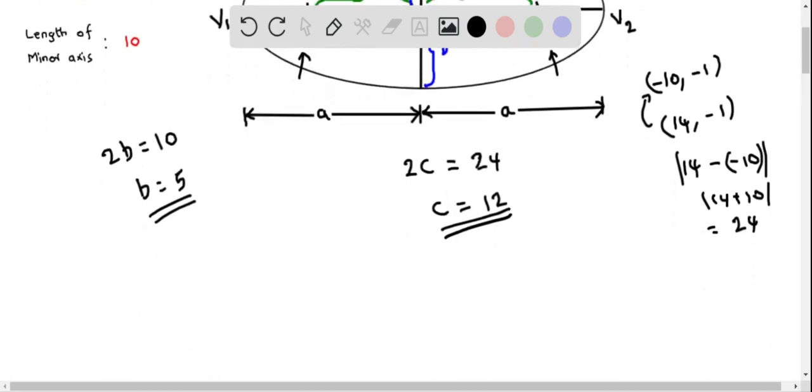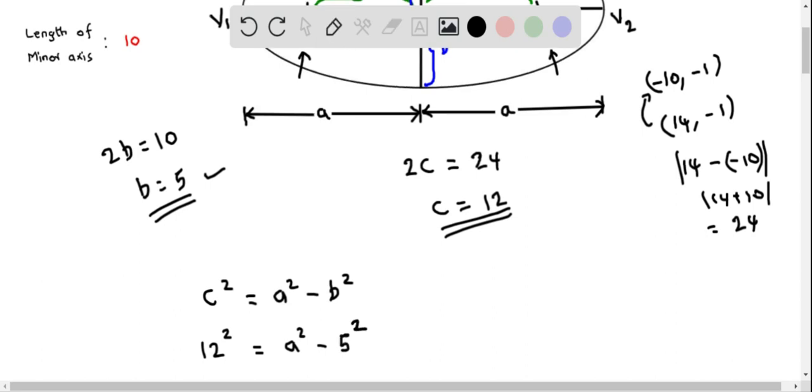Now using the relation c squared equals a squared minus b squared, we can determine a. So I'm going to plug in c equals 12 here. It becomes 12 squared equals a squared minus 5 squared, and from this we can calculate a.